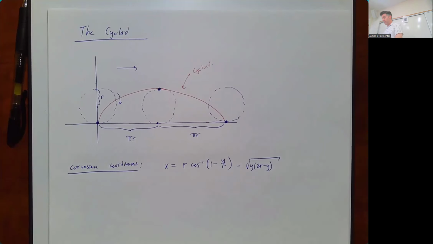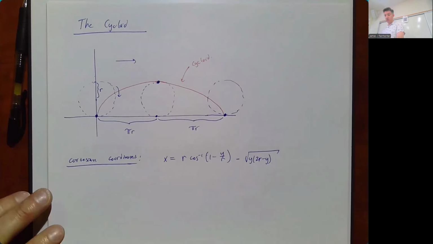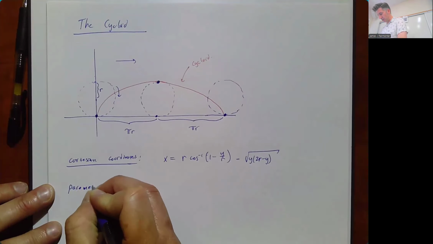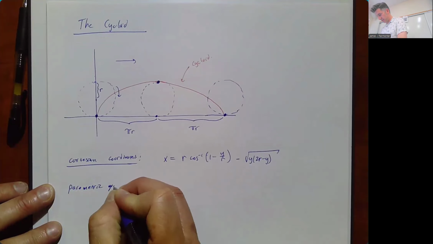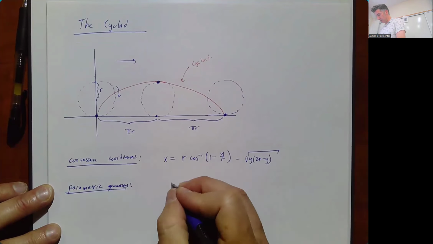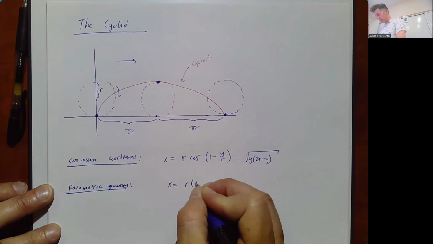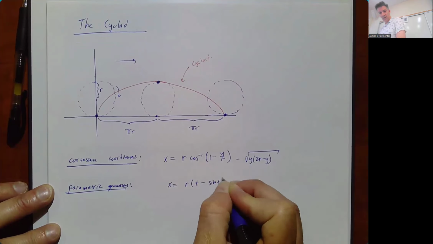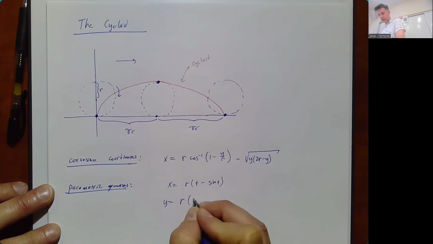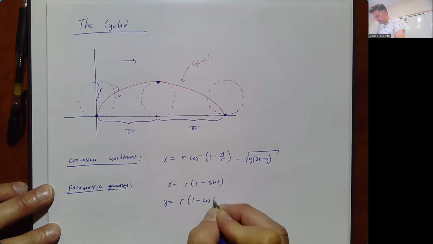That seems really awful. Much nicer if we parameterize it, the parametric equations, or coordinates, whatever word you want to use. x is going to be equal to r times t minus sine of t, and y is going to be equal to r times 1 minus cosine of t.